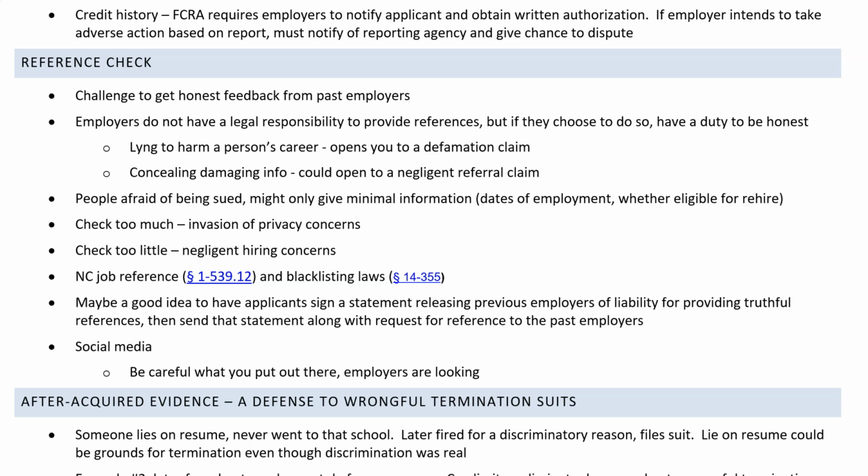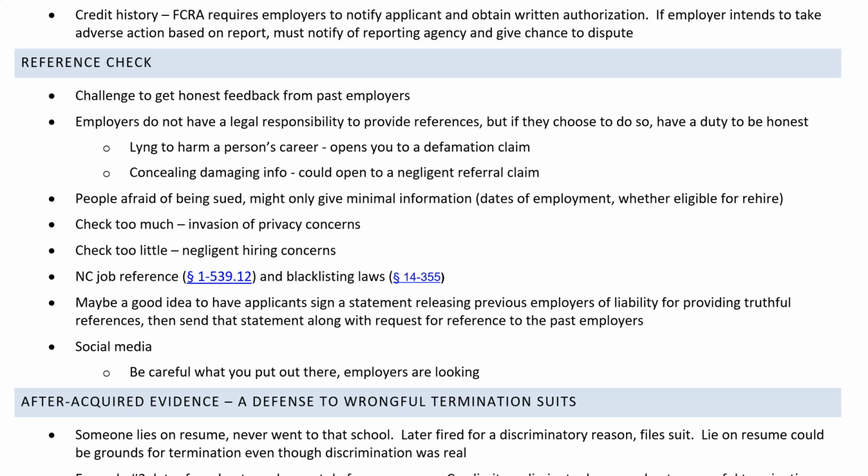North Carolina also has a statute on the books against blacklisting. This is the situation where maybe you leave a job on bad terms and you might have a boss that says something to the effect of, well, I'm going to see to it that you're never going to work in this industry in this town ever again. And then they go and smear your name to every other company that they know around so that you can't get hired anywhere.